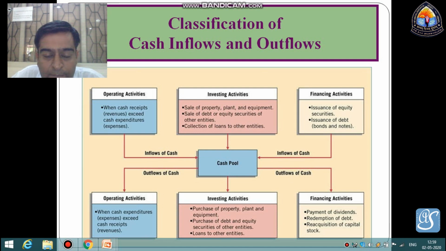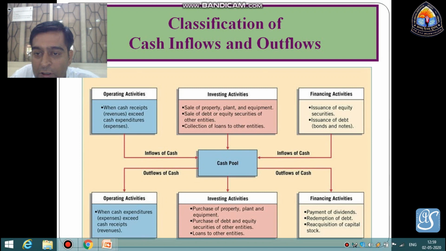Investment activities: as we know, any sale of property, sale of plant, sale of debt should be covered in investment activities as an inflow. In outflow, investment activity, purchase of property, plant, equipment, purchase of debt, equity should be covered as an outflow.